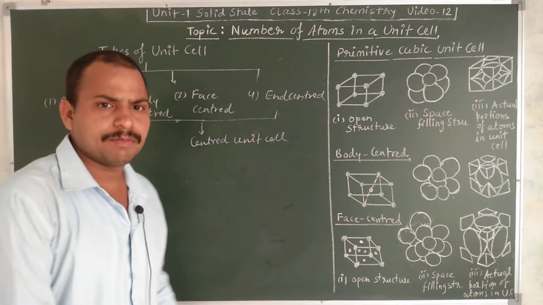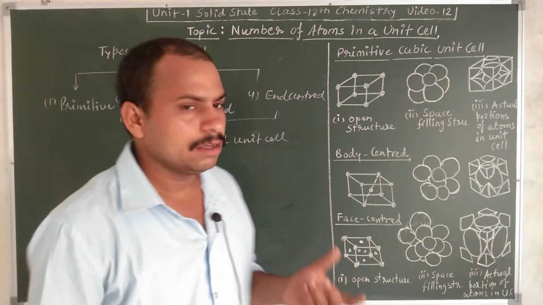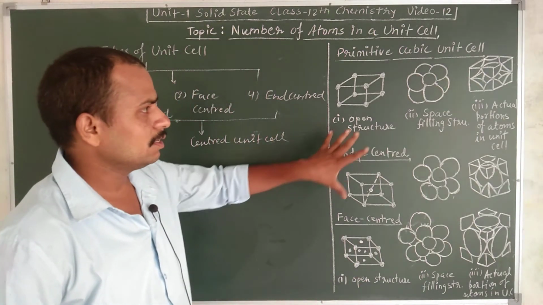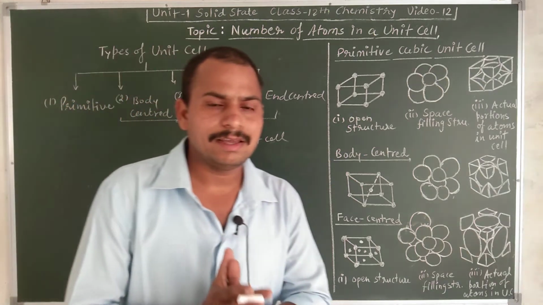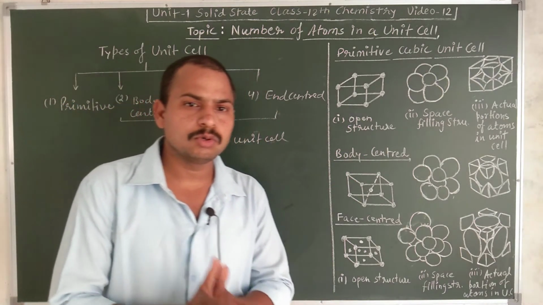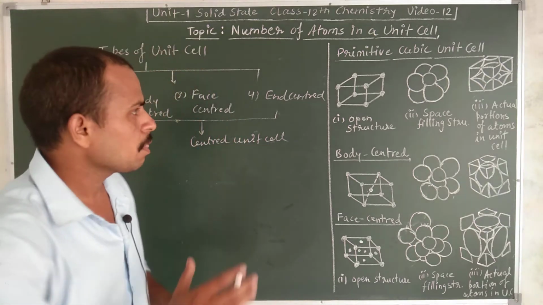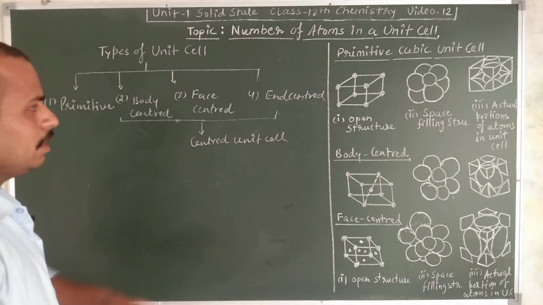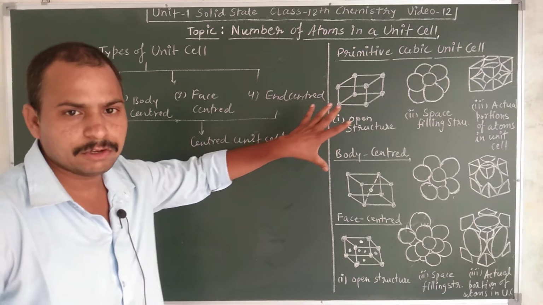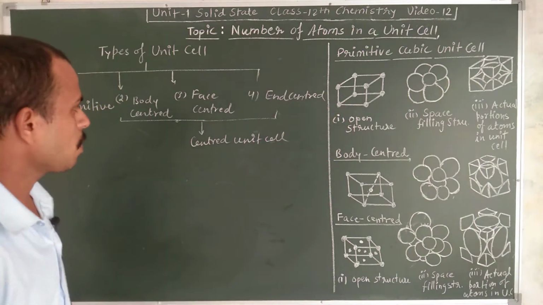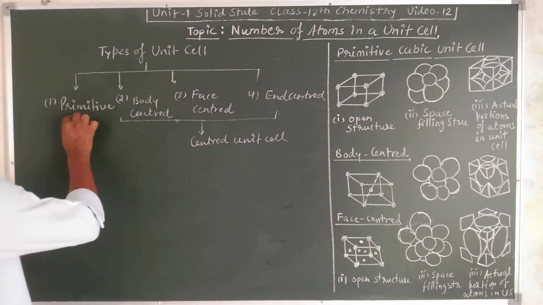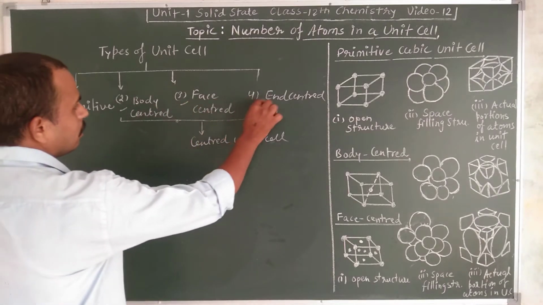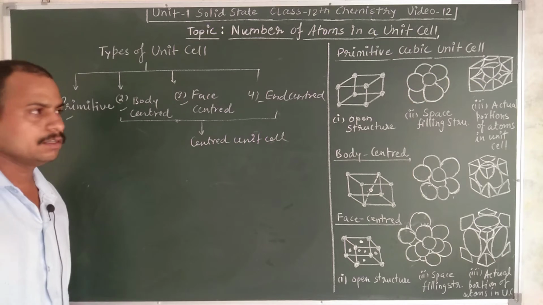We discussed this in the previous video lecture. If you want to understand it very easily, I suggest you please go to the previous video lecture and see it, and after that this video lecture will be easy for you. So there are four unit cells: primitive, body centered, face centered, and last one is end centered.